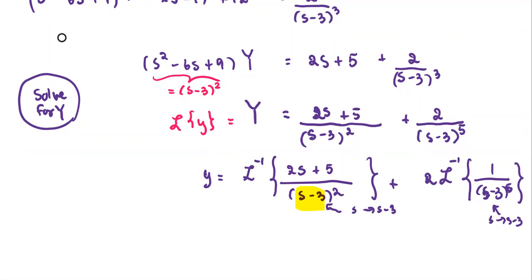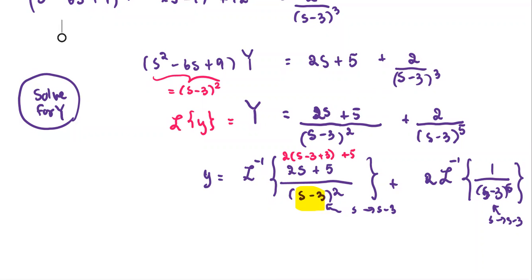So to make s minus 3 appear in the numerator, we can see the 2s here as 2, same technique that I did earlier. So 2 times, so make s to be s minus 3, take out another 3, no, add 3, sorry. So s minus 3 plus 3 and then plus 5.